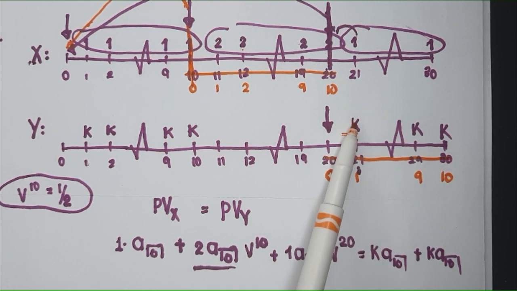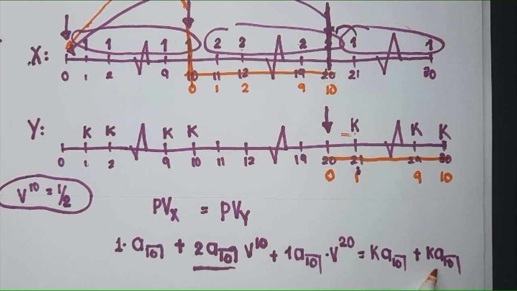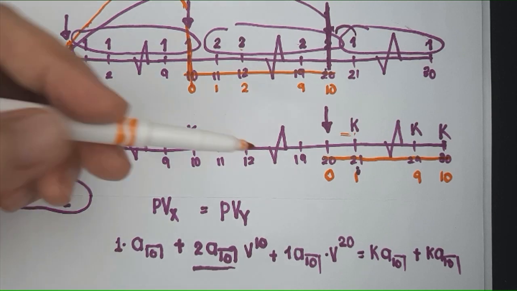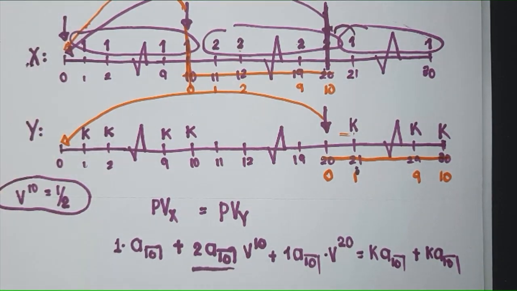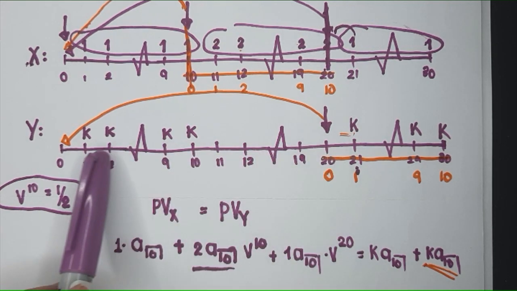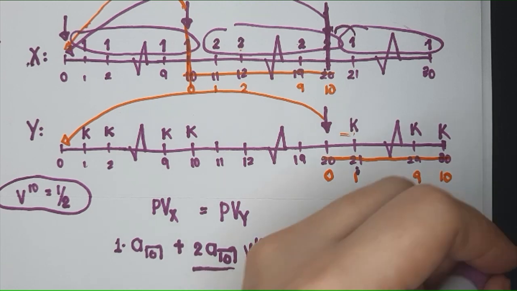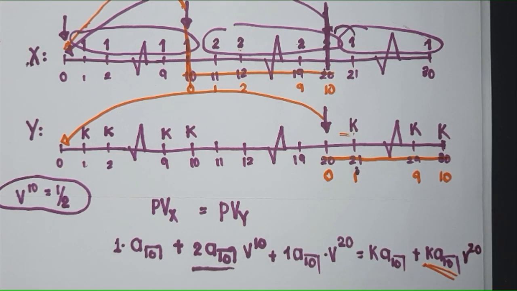So, when we take the present value of all that, you will have this. But the valuation date is at time 0, so you have to carry this amount to time 0. How? You multiply it by the discount factor raised to how many periods does it pass through? 20. So, you have v raised to 20.